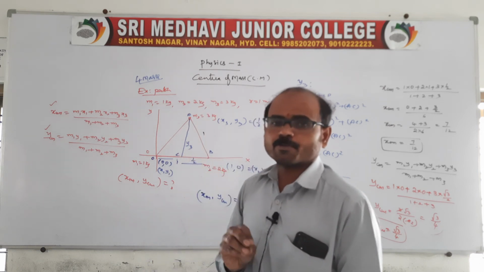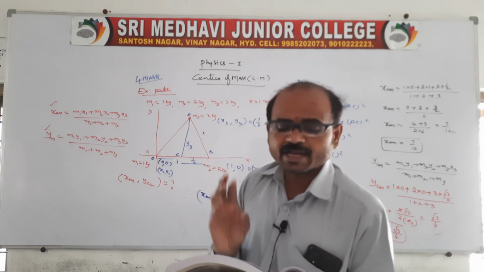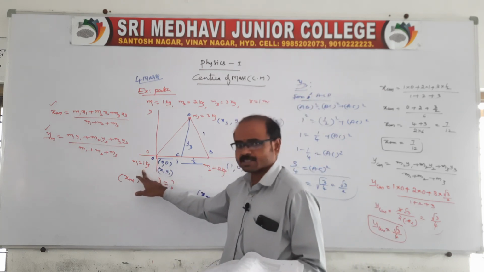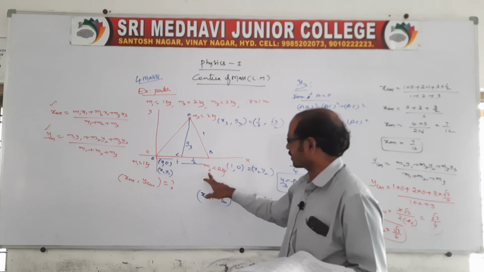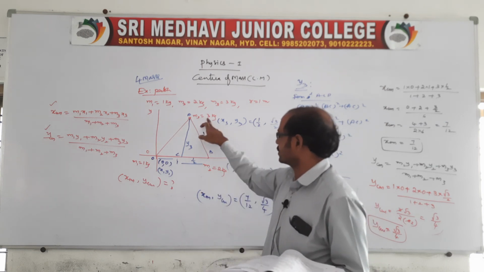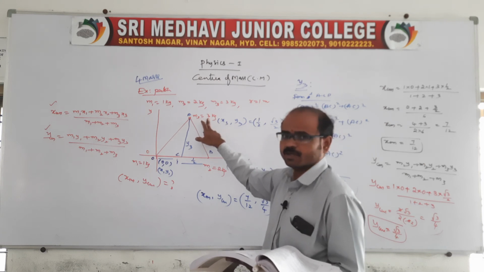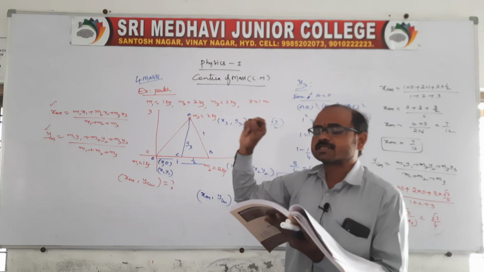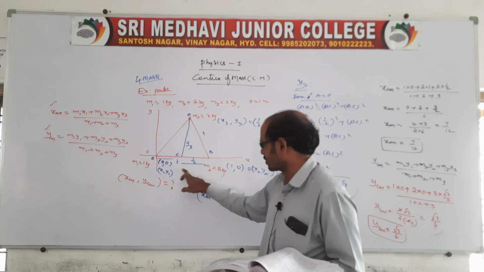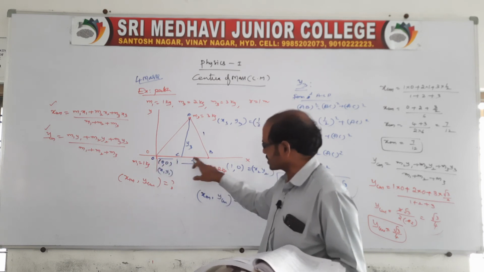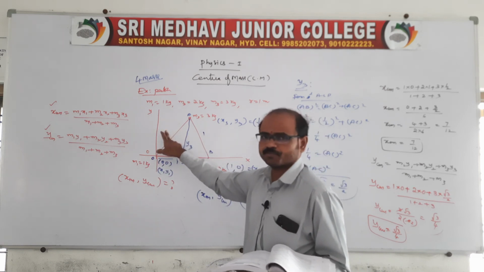But in our textbook example problem, the first mass is 100 grams, the second is 150 grams, and the third is 200 grams, which are placed at the corners of an equilateral triangle. The triangle's each side is given as 0.5 meter, that is 1 by 2, 1 by 2, 1 by 2.